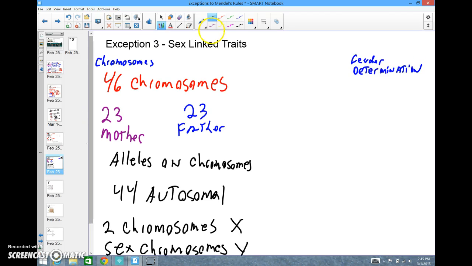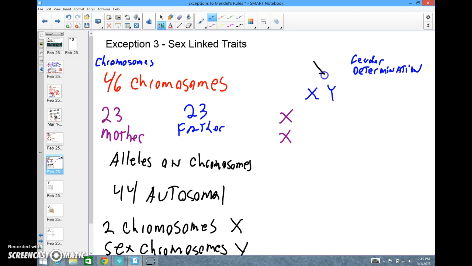I think everybody can fairly understand that females are XX. So what makes females female is that they have 2 copies of the X chromosome, and males are XY. So what makes males male is that they have an X chromosome and a Y chromosome.